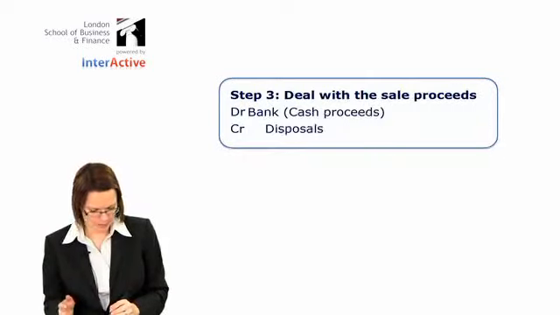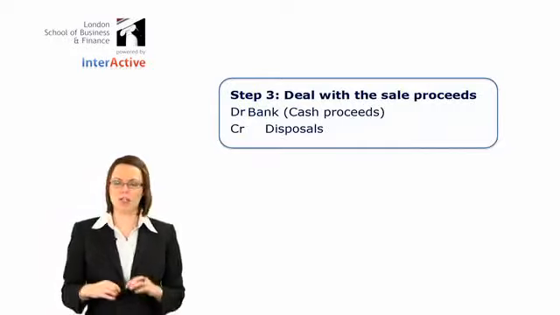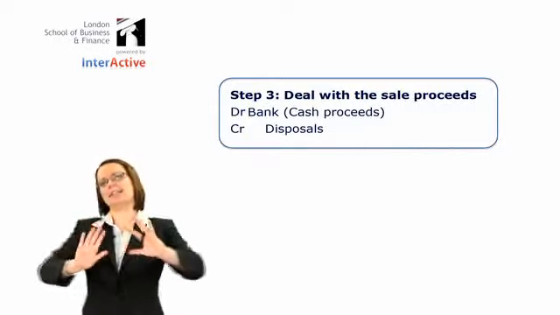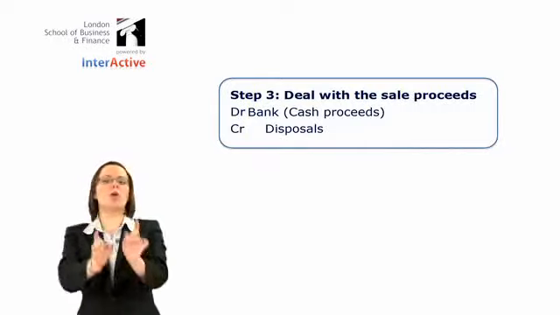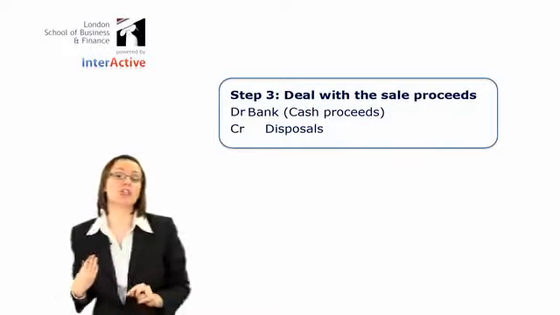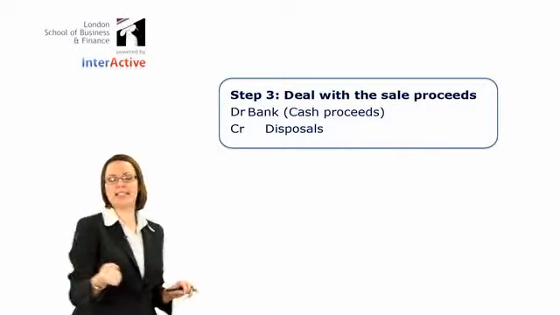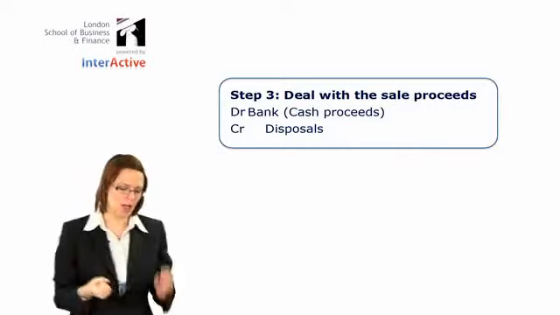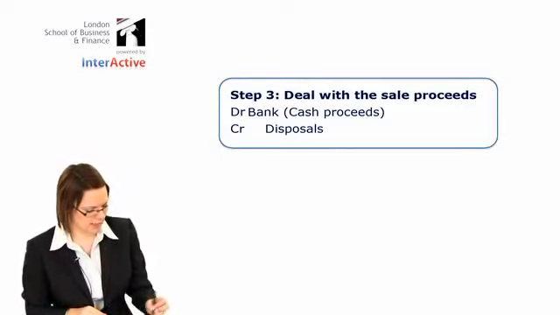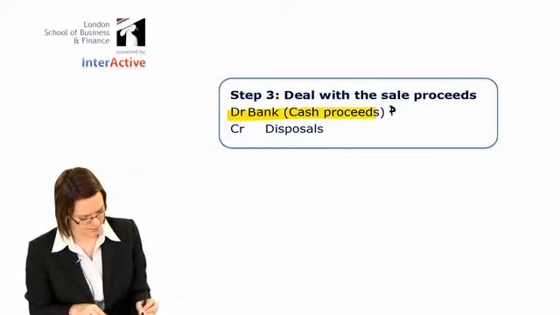Step 3 is to deal with the sale proceeds. So, from selling that asset, you've got rid of it from your books. What are you receiving in return? Well, if we're receiving cash in return from disposing of that asset, great. If I'm receiving an asset of cash, I'm going to debit the bank account to increase my asset of cash.